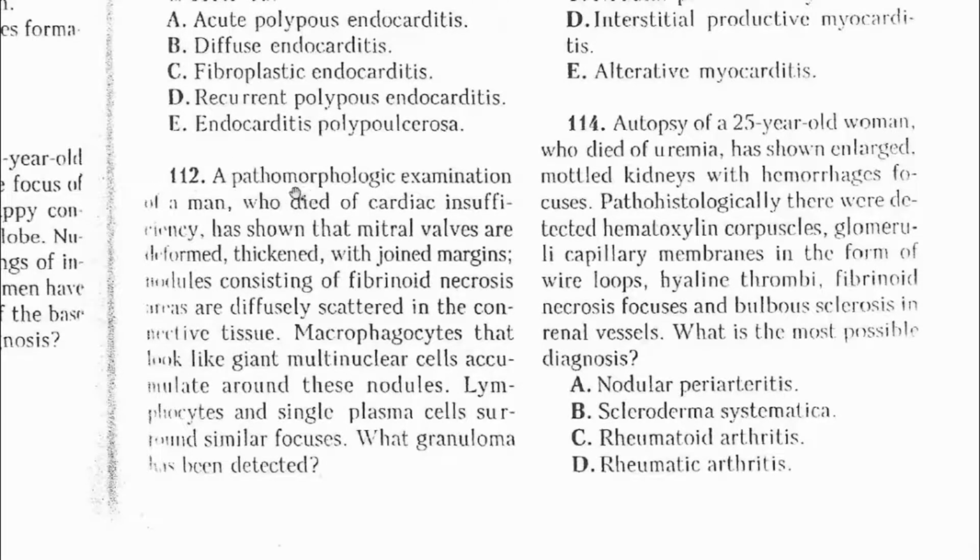A pathomorphologic examination of a man who died of cardiac insufficiency has shown that mitral valves are deformed, thickened with joined margins. Nodules consisting of fibrinoid necrosis areas are diffusely scattered in the connective tissue.